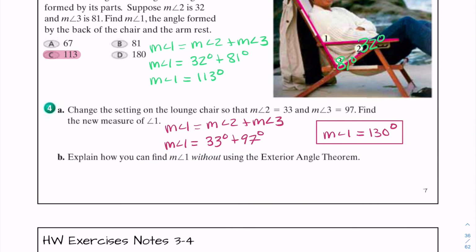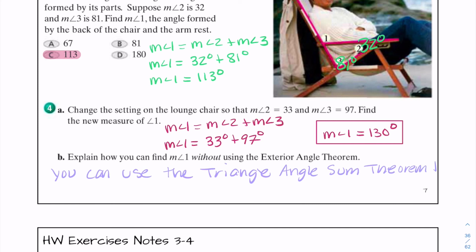You can use the triangle angle sum theorem to find the third angle of a triangle.